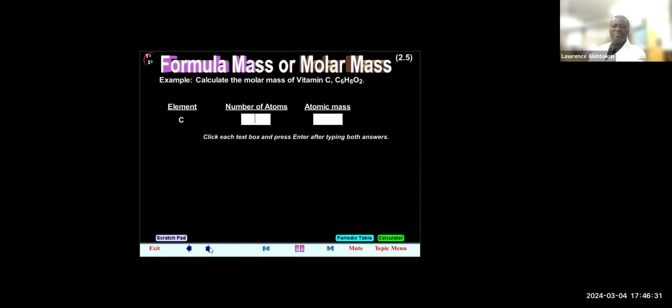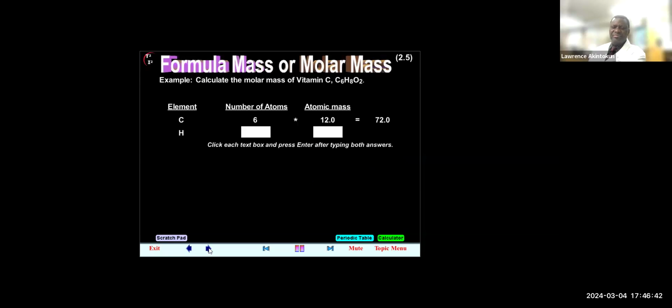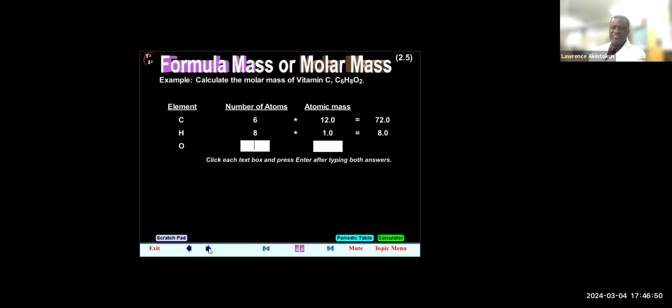Element C, how many atoms of carbon do we have in the formula? Times 12. Element H, how many atoms of hydrogen do we have in the formula? Times 1. Element O, and how many atoms of oxygen do we have in the formula?